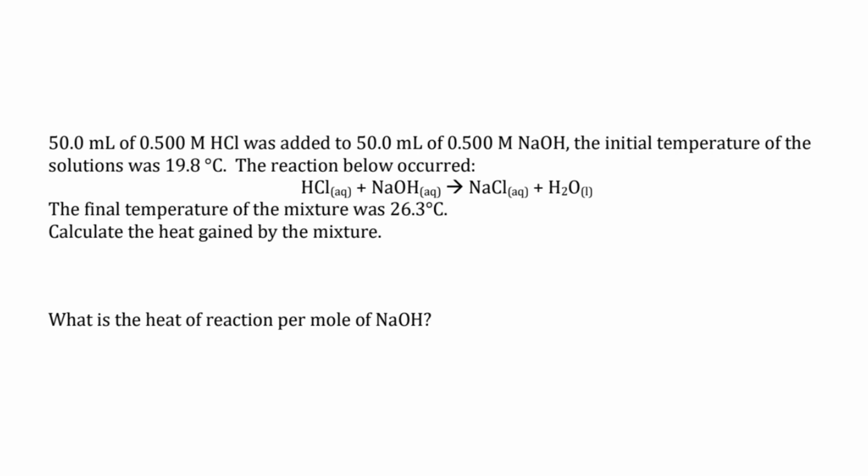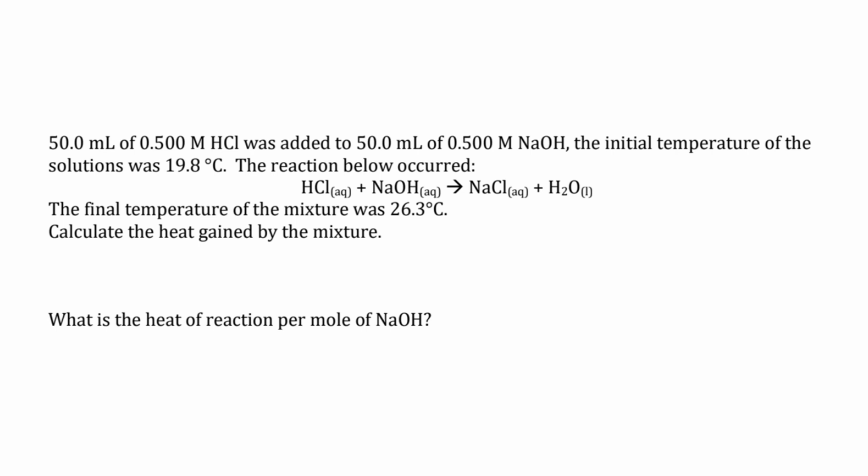50 mLs of 0.500 molar HCl was added to 50 mLs of 0.500 molar NaOH. The initial temp is 19.8 degrees Celsius, the reaction occurred below, and the final temp is 26.3. Calculate the heat gained by the mixture. The total mixture is just my milliliters added, and because it's aqueous, we're going to assume it's water with a density of 1 gram per milliliter, so we can use the mass of the water.